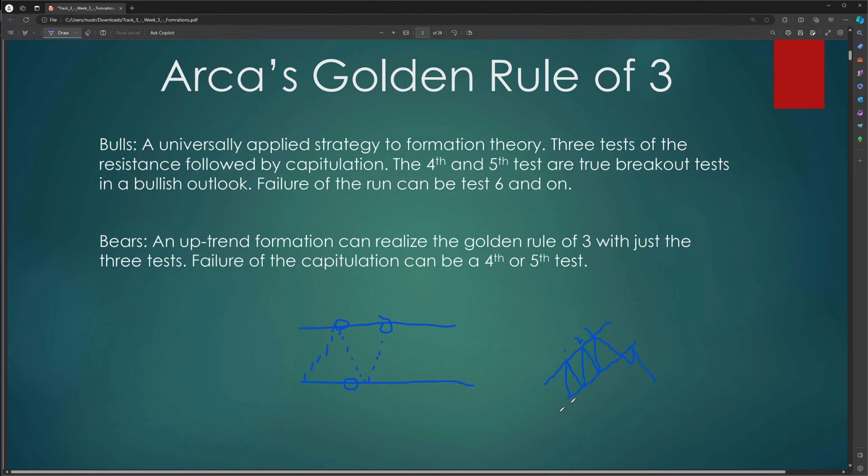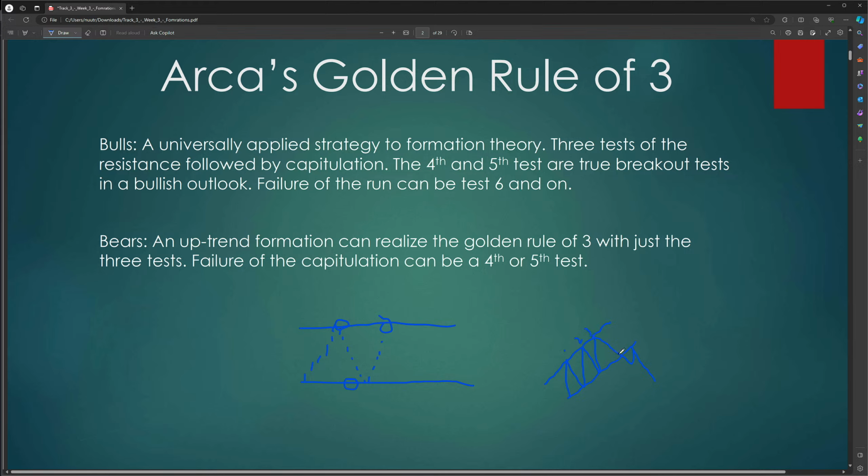So test number 3 is usually the bearish side of things on an ascent, right? So a price inclining, getting that higher high and higher lows structure. This appears to be a bullish formation until that golden rule of 3 applies. So it does have a pretty good batting average, right? Its strike rate is up there. It's definitely high.